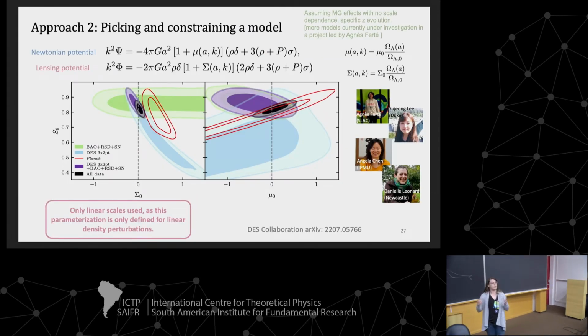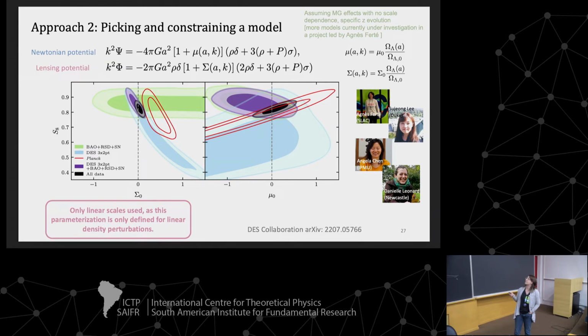So I was saying, looking for tensions is approach 1 to testing gravity with experiments like DES. Approach 2 is picking a specific parameterization and constraining it. The way we do that in this paper is using the Sigma-mu parameterization. This is already on that flow chart I showed at the beginning of the talk. This is a specific parameterization of modified gravity, but I will emphasize that it is very phenomenological.